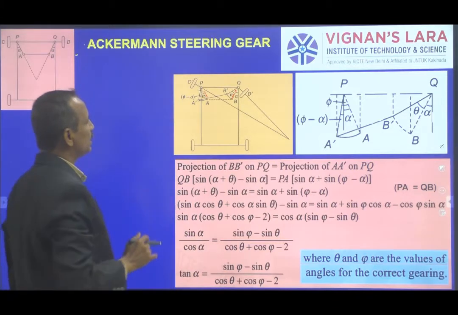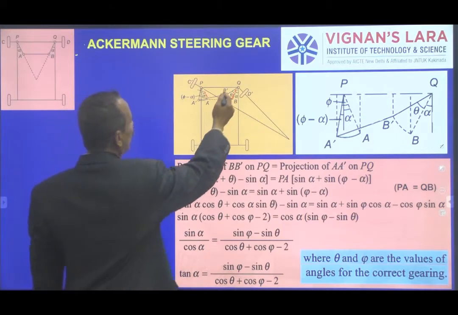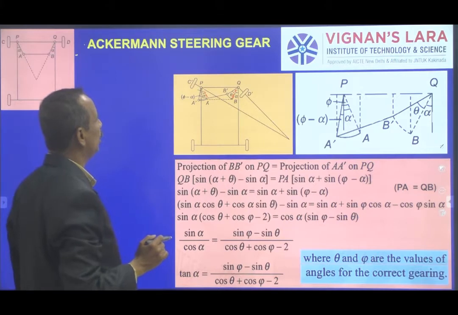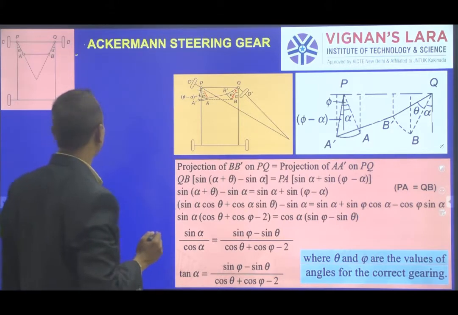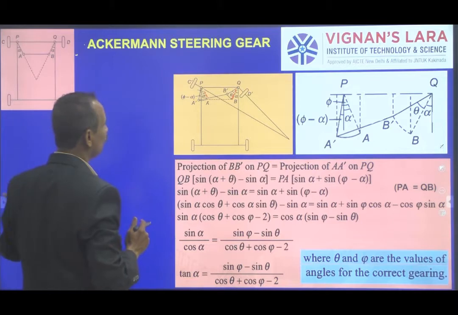When the vehicle is taking a turn, the link QB occupies a new position QB dash and PA shifts to PA dash.